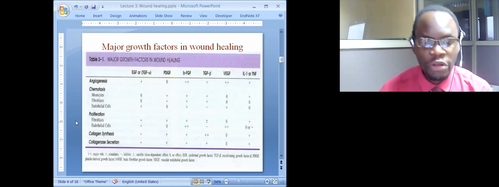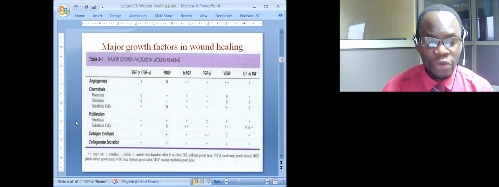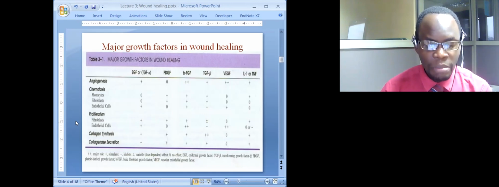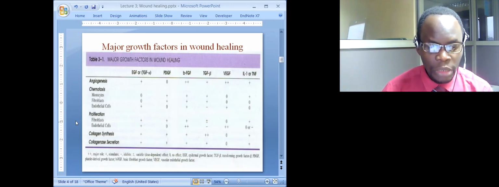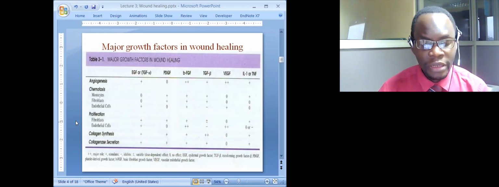So those are the major growth factors. And of course, where do these come from? They are released from the site of injury, but they are also manufactured by the liver.